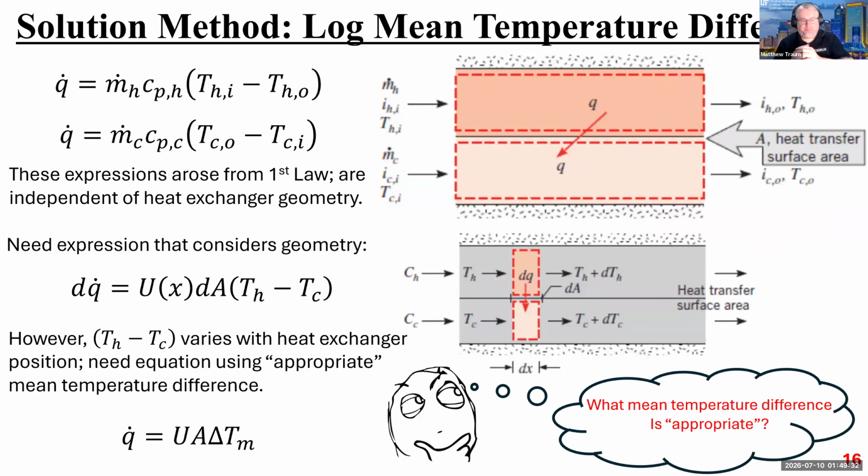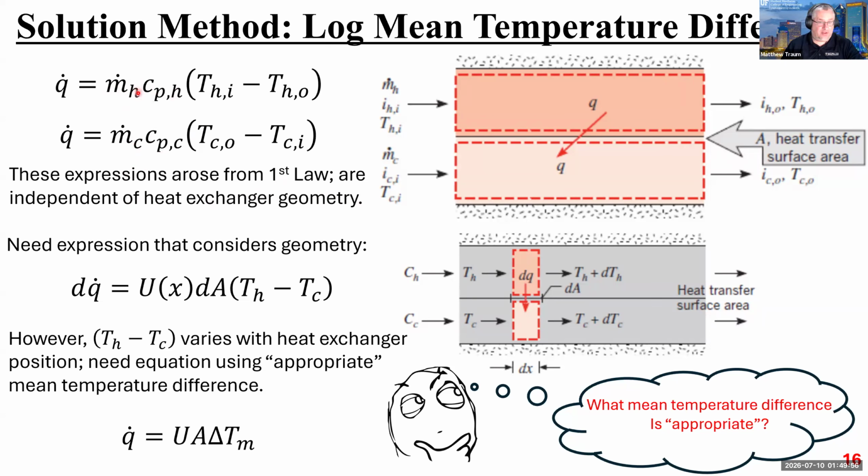Okay. So we have these expressions for heat transfer from the hot fluid to the cold fluid. This is good. These expressions arose from the first law of thermodynamics, and they are completely independent of the heat exchanger geometry, right? So notice there's no U, there's no A. Nothing about the heat exchanger geometry is in any of these equations.